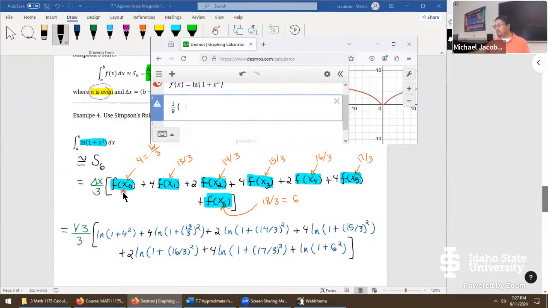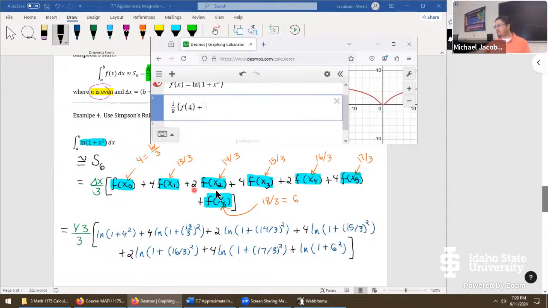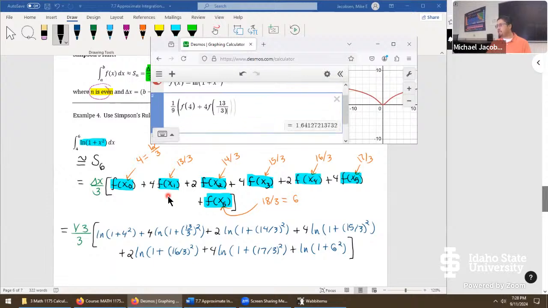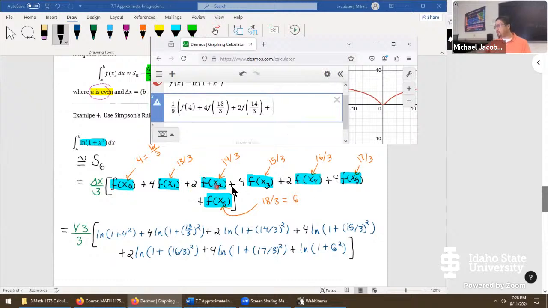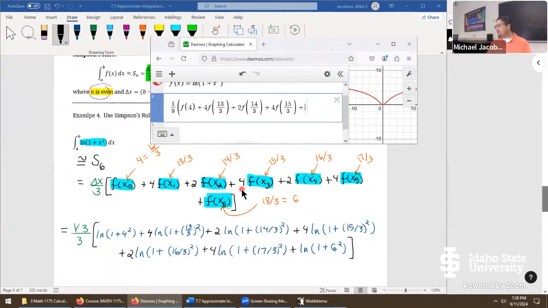So it's 1/9 times f of 4 plus 4 f of 13 thirds plus 2 f of 14 thirds plus 4 f of 15 thirds. I guess that's 5, but there's no real need to simplify that. We're just going to calculate it. Plus 2 f of 16 thirds.